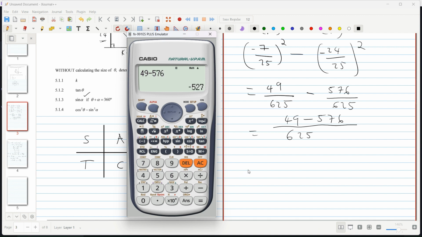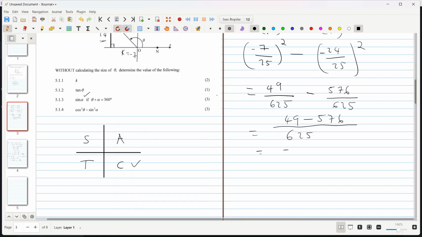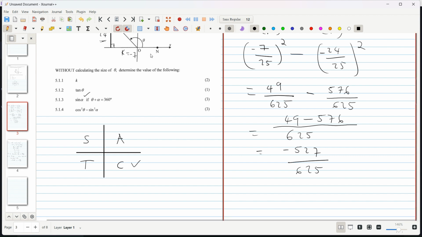That is negative 527. Negative 527 divided by 625. You can leave it like this. This is your final answer. You showed all the steps and you should get the full marks.